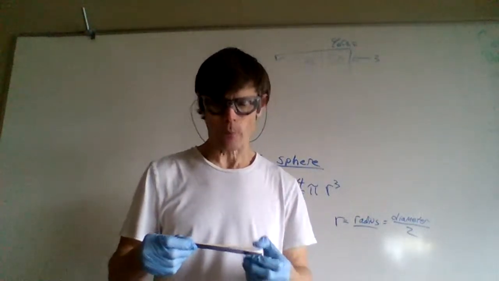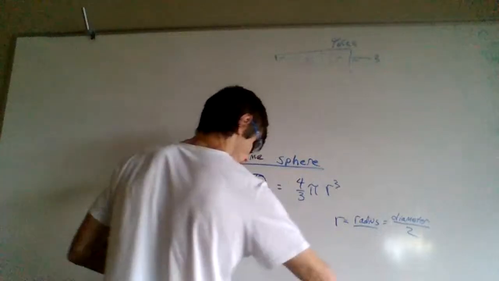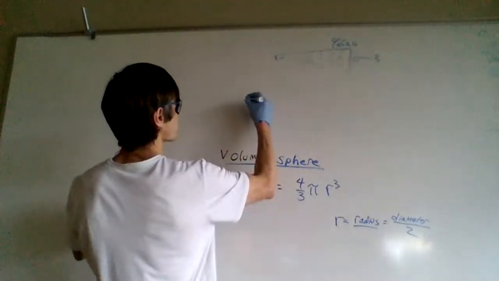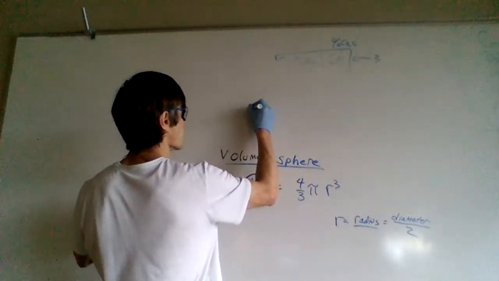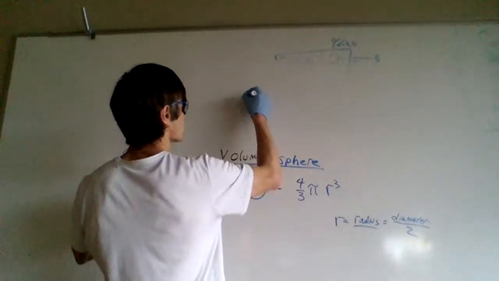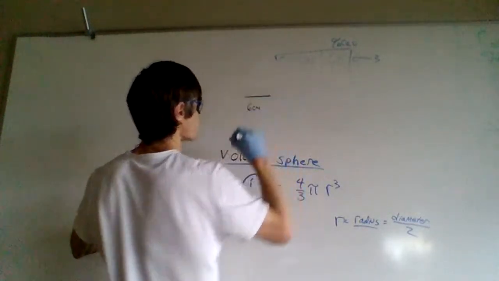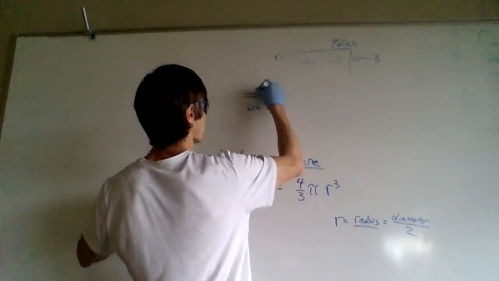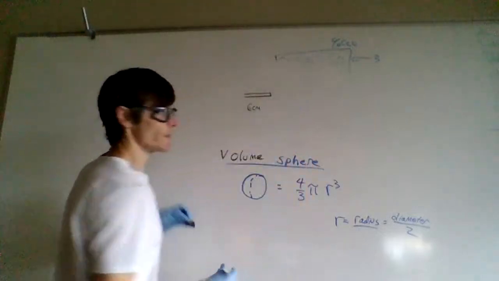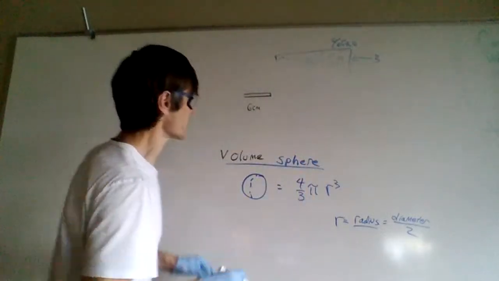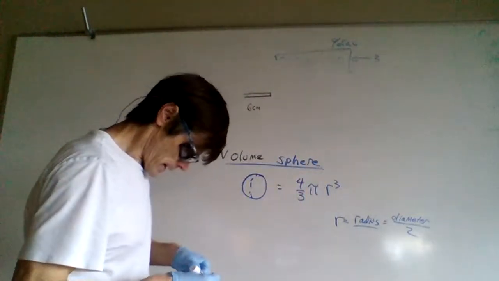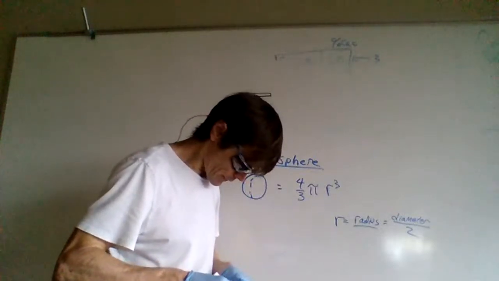The ruler had scale markings, and we were a little over 6 centimeters. This was the stick that represented the diameter of that sphere.